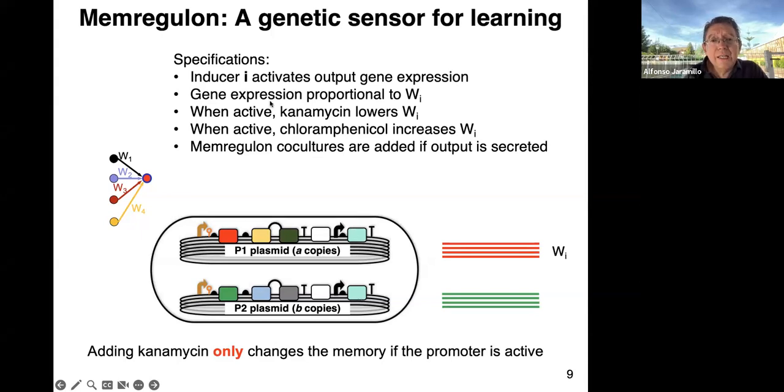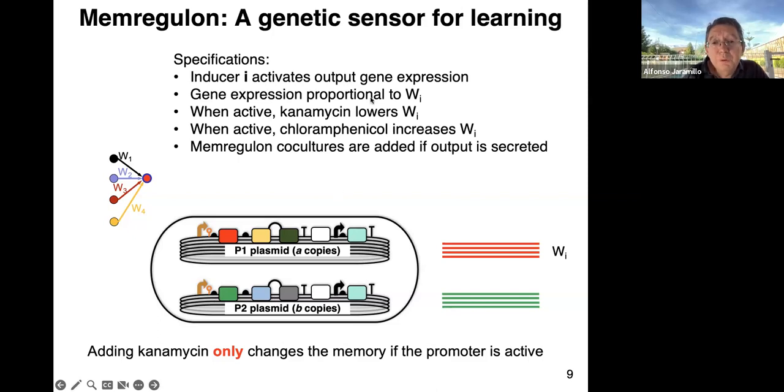And the inducer I, because we have 9 possible inducers, since we made a battery of these cells, activates the output gene expression. So it activates the red and the antibiotic resistance, in this case chloramphenicol, and then the green, where you have kanamycin resistance.